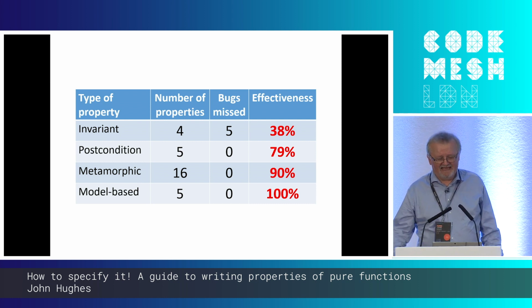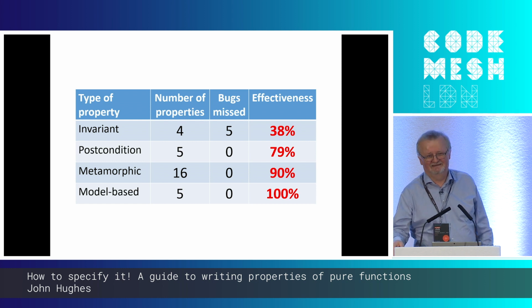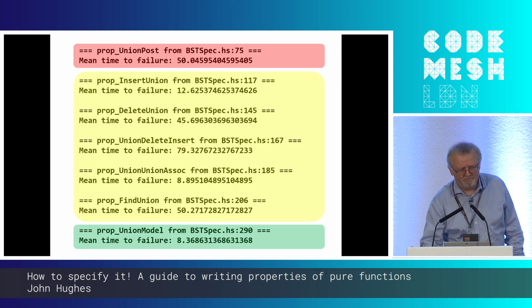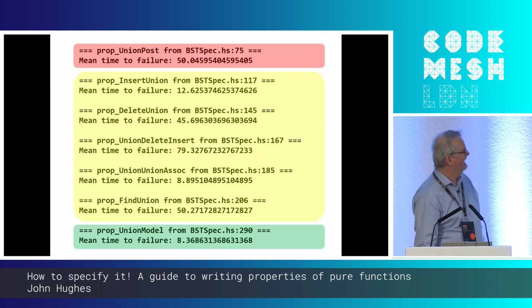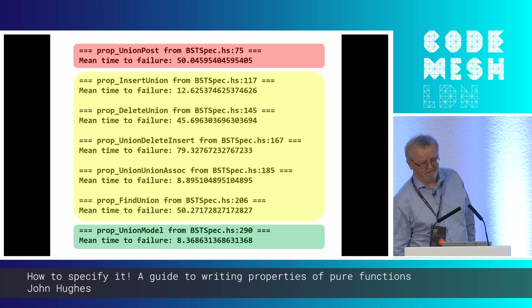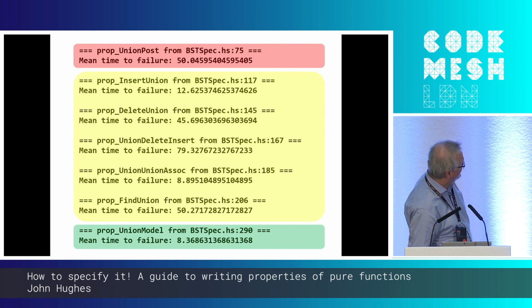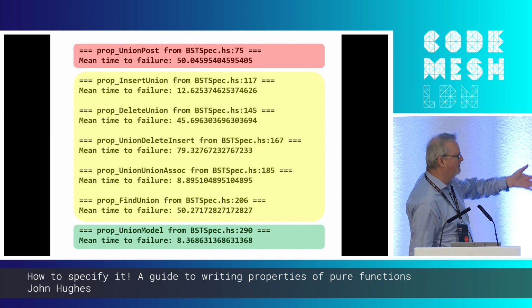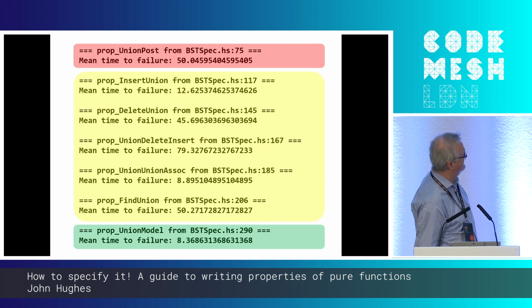It's also worth asking, how quickly do the properties find the bugs? And I measured that too. This is just for one bug in union. And you can see up there at the top, the red box, that's the postcondition. That finds this bug, on average, after 50 tests. The yellow box contains a number of metamorphic properties. And the number of tests you need to find the bug varies.